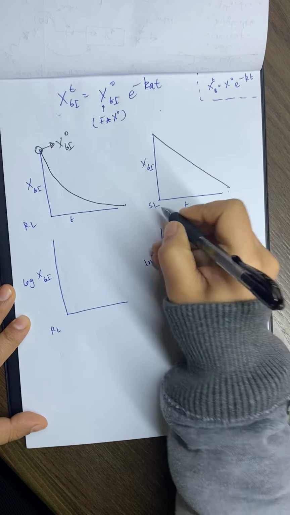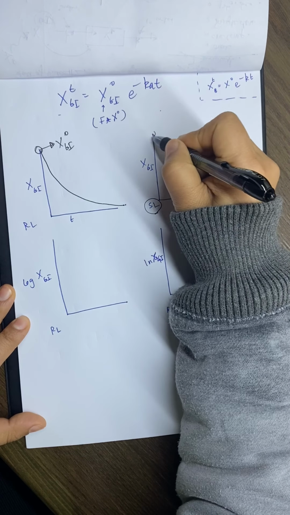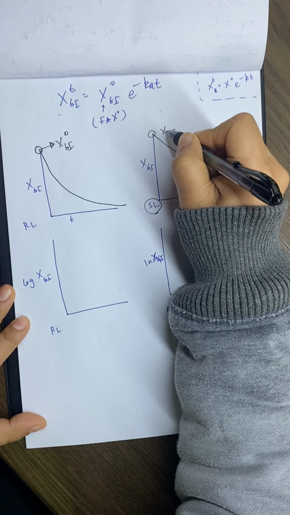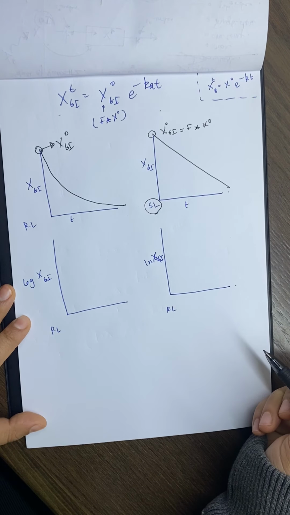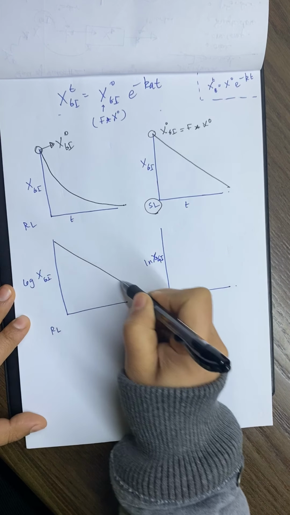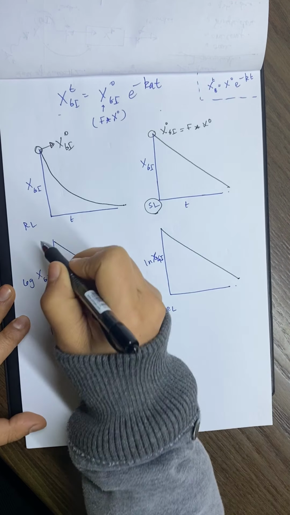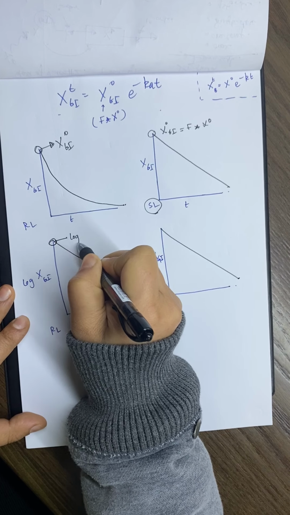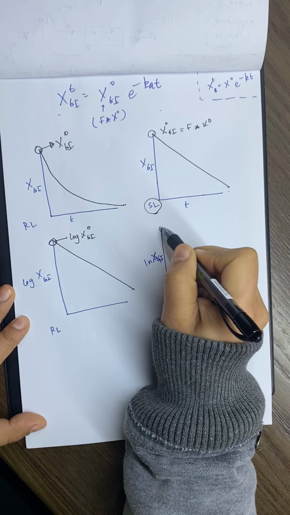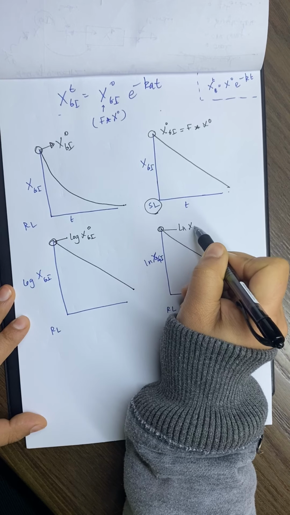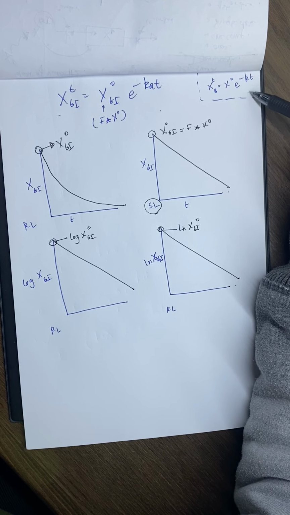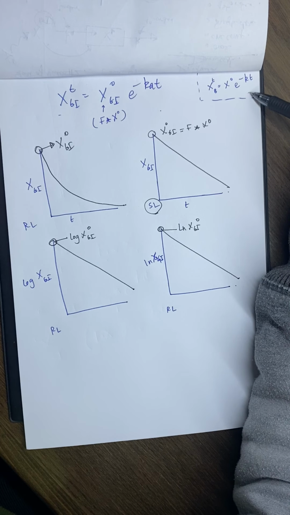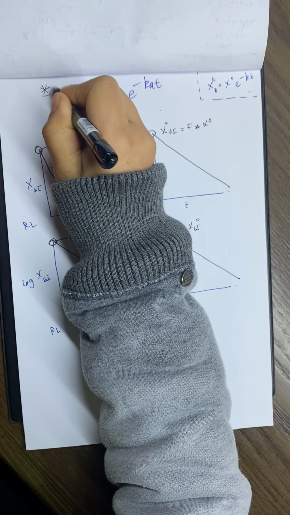I will have this because it's on a semilog with this X_GI naught, which again equals F multiplied by X naught, and I will have this here, linear, but this will be log X_GI naught, and this will be ln X_GI naught. Similar to whatever you know earlier related to what we drew here for the amount or concentration in IV bolus. So a similar kind of thing.